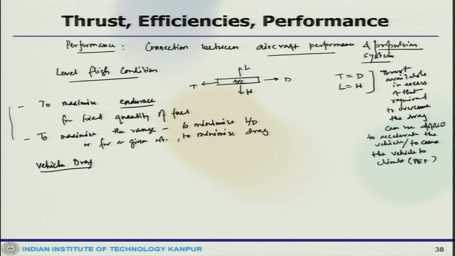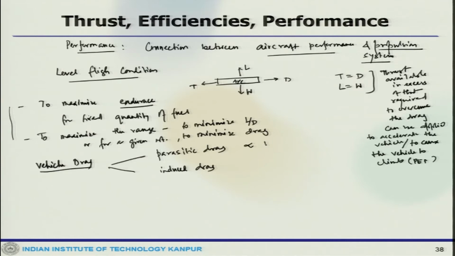Look at its components. There are two components: one is the parasitic drag, the other is the induced drag.